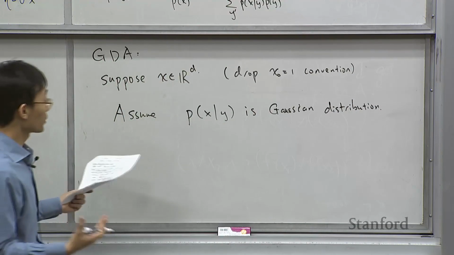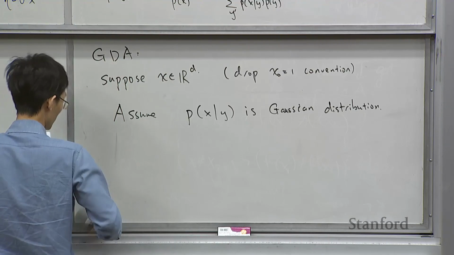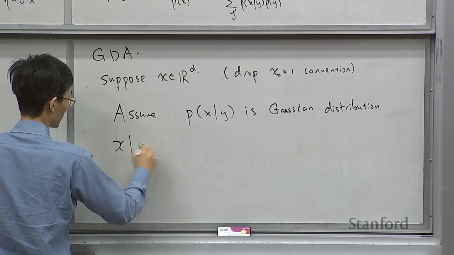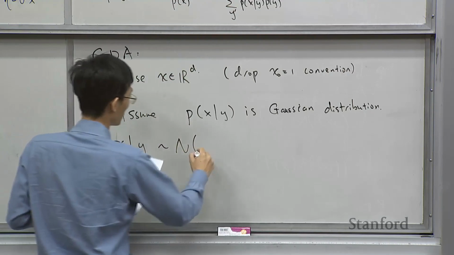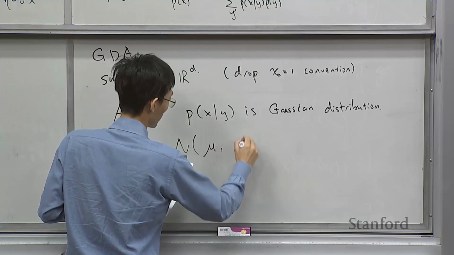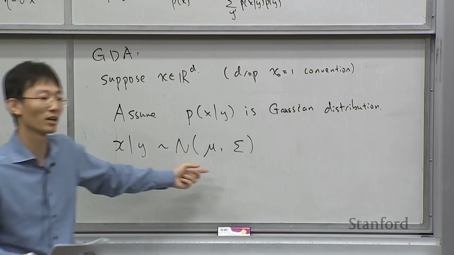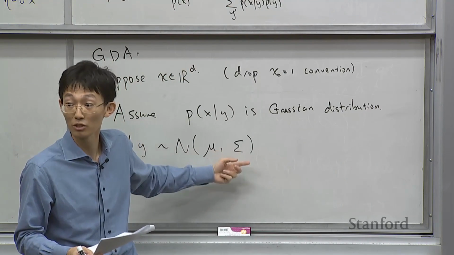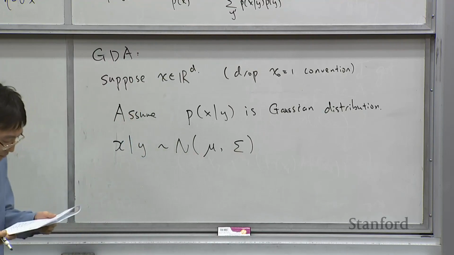So what does that really mean? That really means that you write x given y follows some Gaussian distribution with some mean and covariance. Note that x is a high-dimensional vector, so I'm going to have a high-dimensional multivariate Gaussian distribution, with some mean and some covariance sigma.